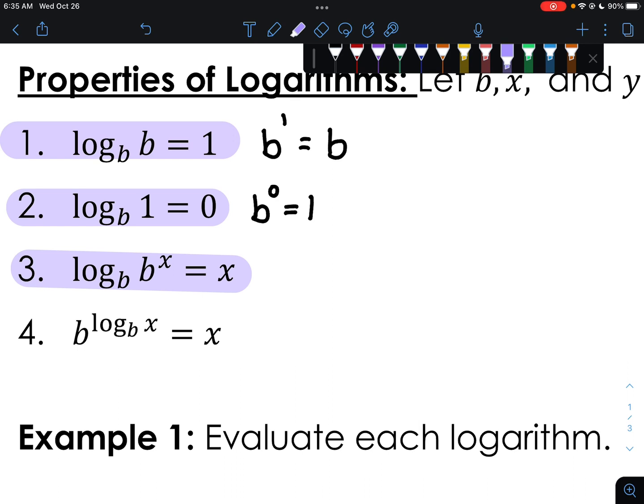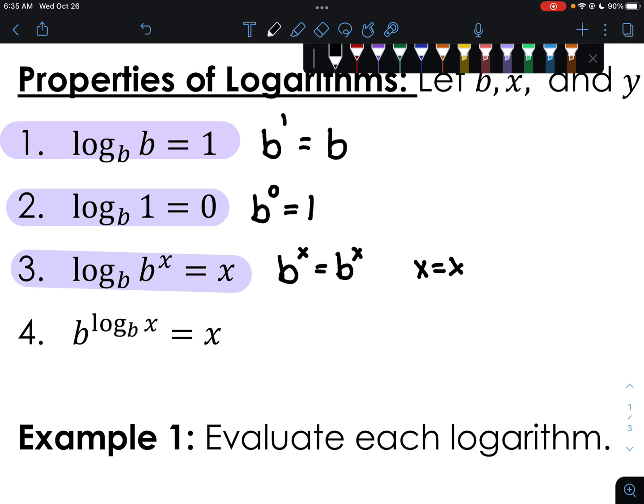If we convert this into exponential form, we would have b to the x equals b to the x. Remember when we were solving, if our bases are the same, we can set the exponents equal to each other. So it would just be x equals x, which is what we got.